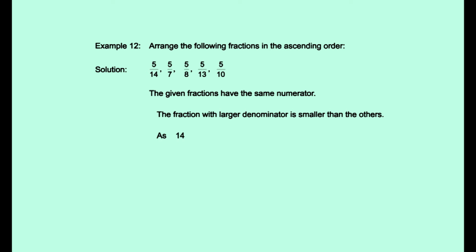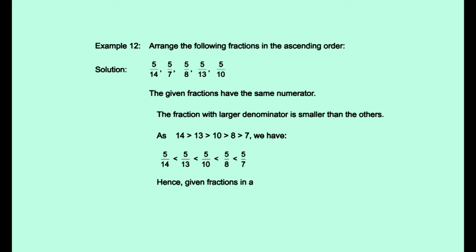As 14 is greater than 13, is greater than 10, is greater than 8, is greater than 7, we have 5/14 is less than 5/13, is less than 5/10, is less than 5/8, is less than 5/7. Hence, given fractions in ascending order are 5/14, 5/13, 5/10, 5/8, 5/7.